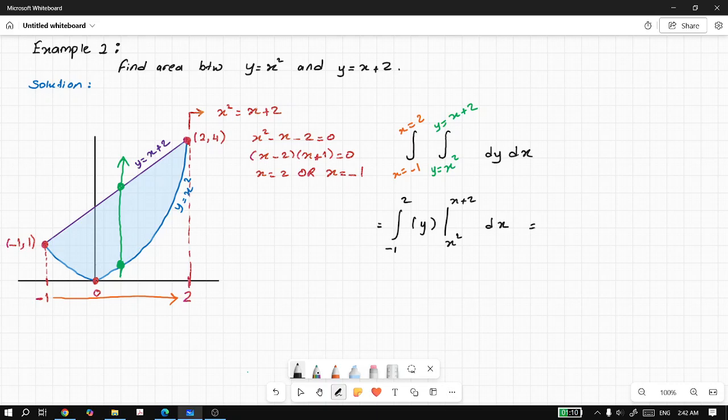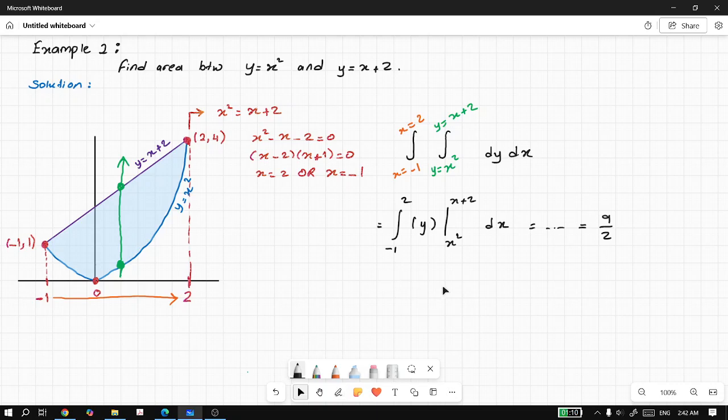Substituting those limits and then finding again integration with respect to x will give us the result of this area, and the result is given as 9/2. Okay, I'm leaving these steps for you because these integrations are pretty much easy for you to evaluate. That's why I'm leaving them.